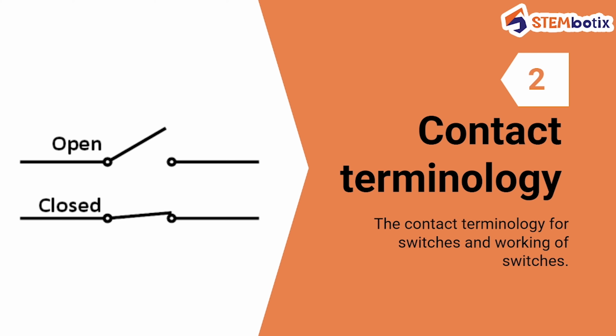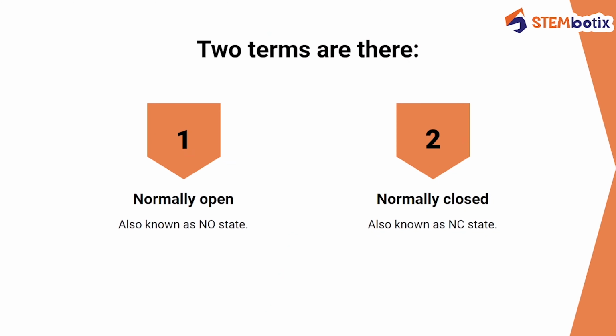Now, let's see the two different contact terminologies on which the working of a switch depends. As you can see in this image, there are two types of contact terminology, which are open and closed. So the two main terms for switches are normally open, which is also known as NO, and the second is normally closed, which is also known as NC.